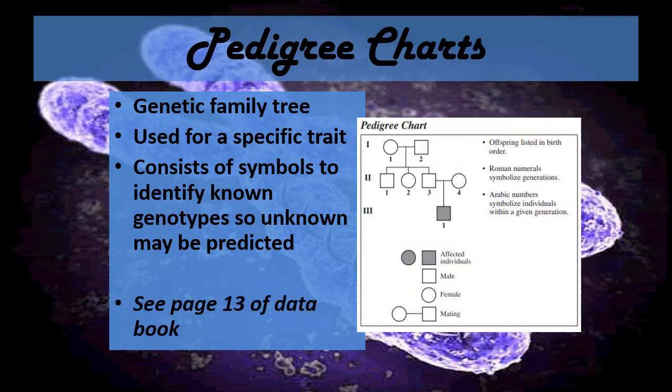We have this pedigree chart in our data booklet, and it's going to tell you all the little details, whether it's shaded in, and those are affected individuals if they're shaded. You have squares to identify a male, you have circles to identify a female, and then a line between them on the same generation line means they are mating together.